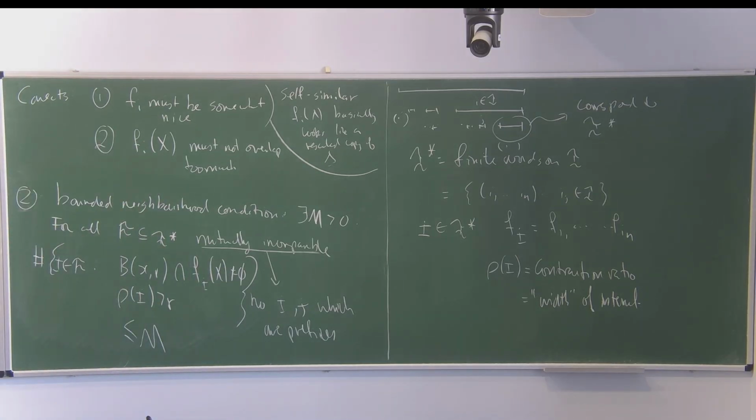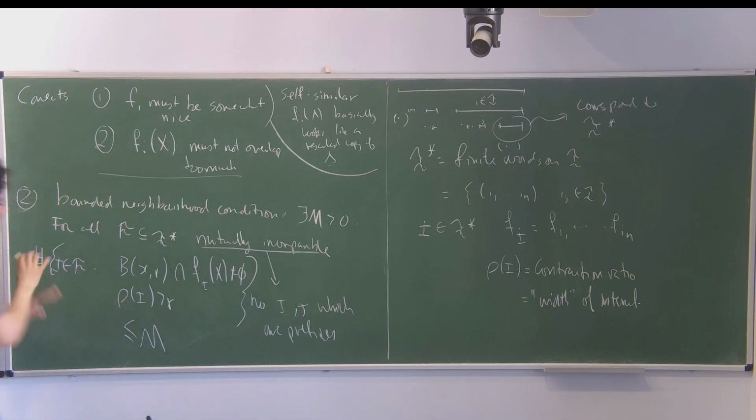There are a few extra technical caveats as to why you have to define it like this, but this says essentially that the f sub i of x's do not overlap too much, and it's a really convenient technical way to formulate this. In my opinion, it's the most convenient one.